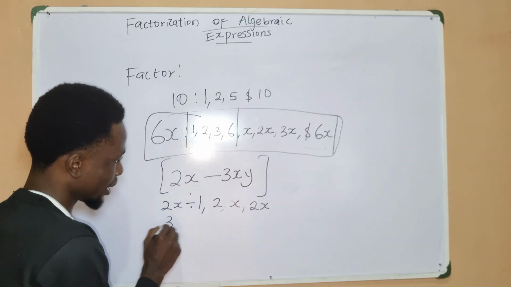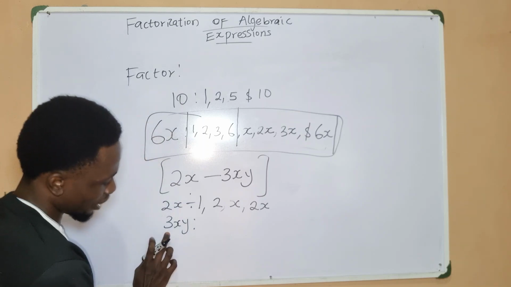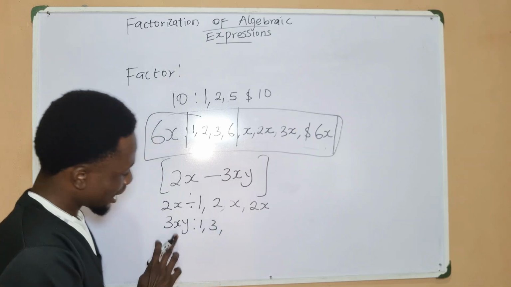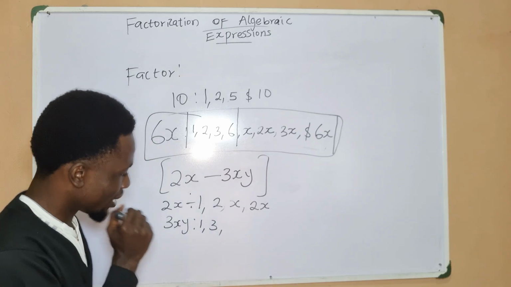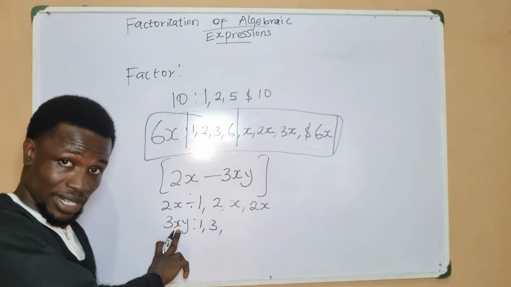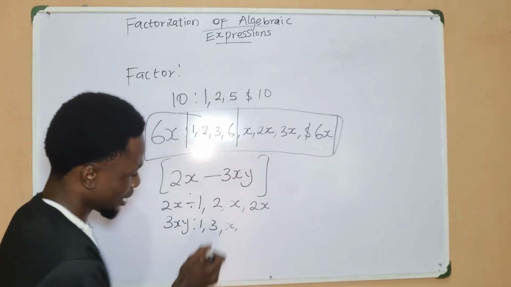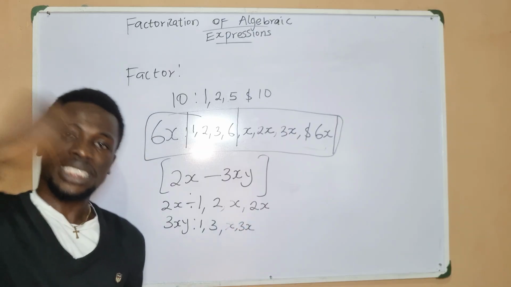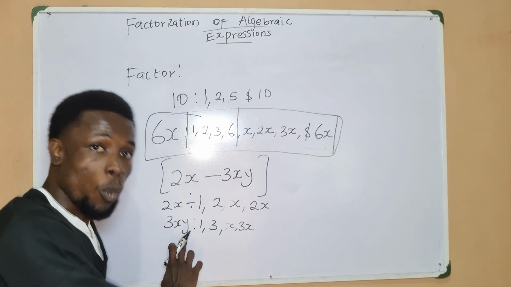Then go for 3xy. For 3xy, what are the factors? First, I have to find the factors of 3, which are 1 and 3. Now, you see that we are having two variables here, x and y. So first, I'm going to replicate these numbers with respect to the first variable, which is x. So I'm going to have x, and I'm going to have 3x. Then I'll do the same thing, replicate these numerical values with respect to the variable y.